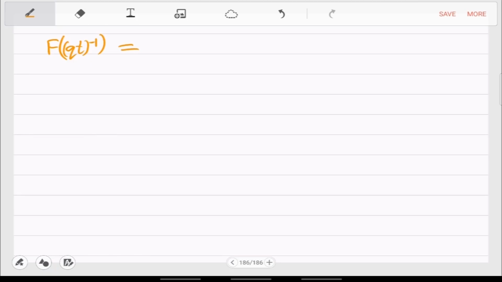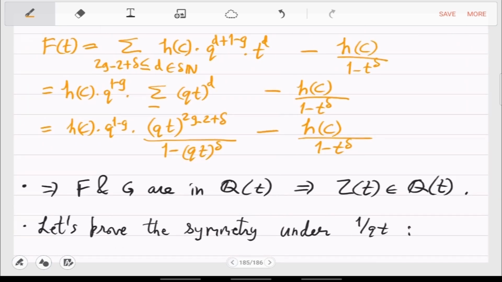So big F of 1 over qt is class number times this sits, and the numerator will become 1 over t. Yeah, I'll do that in the last expression, because that would be easier. I don't want to start from the beginning.